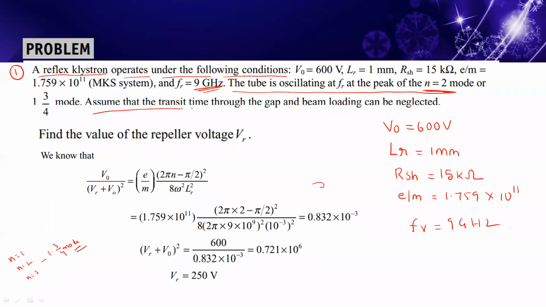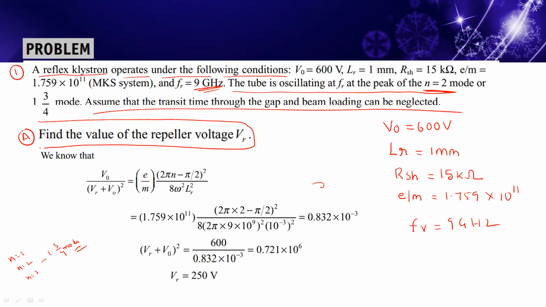Assume transit time through the gap and beam loading are to be neglected. That is our assumption. Find the value for the repeller voltage.